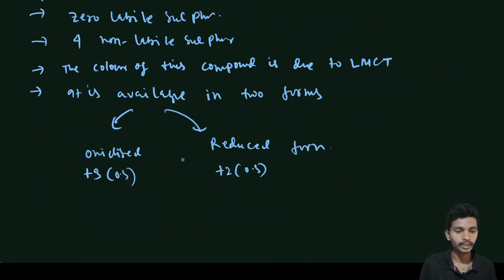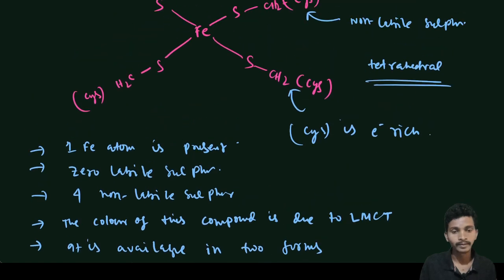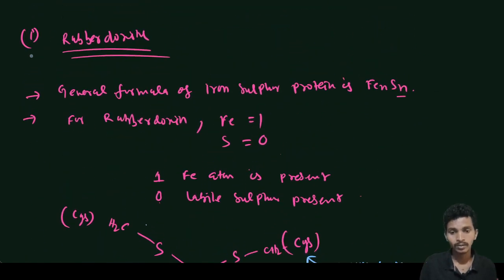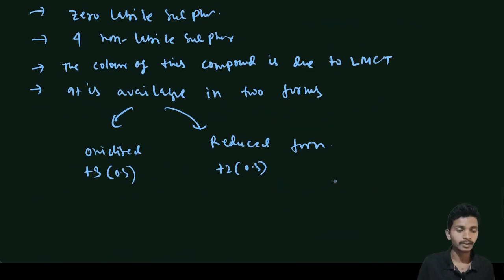Now we will go to the next type, that is ferredoxins. So ferredoxins, where the general formula is this.